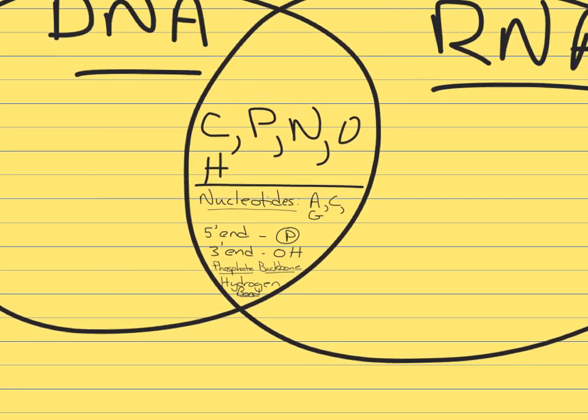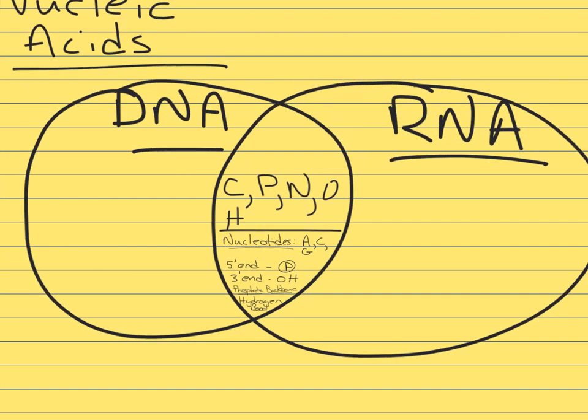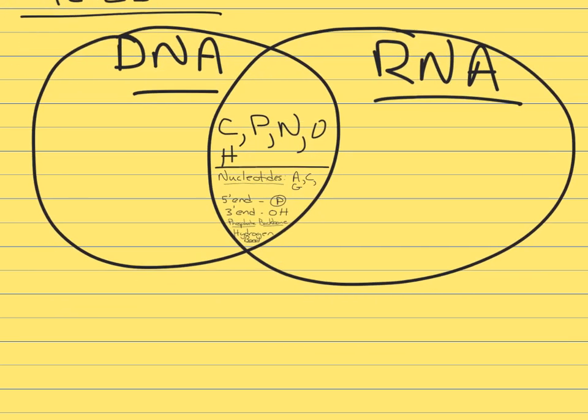Now, the hydrogen bonding in RNA is different from that in DNA. We'll talk about why in a minute, but they're both hydrogen bonding. In RNA, it just creates a shape. In DNA, it holds two things together. What two things does it hold together in DNA that makes it different?